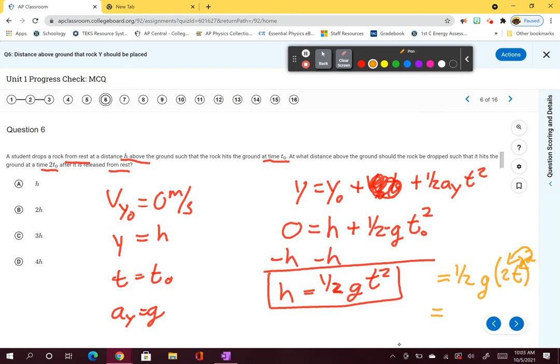And so we would get, what's 2 squared? Hopefully you said 4. 4 times 1/2 g t squared. So 1/2 g t squared increases by 4. So there our h would have to increase by 4.